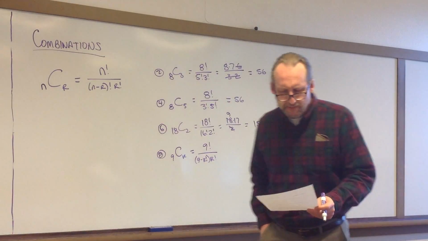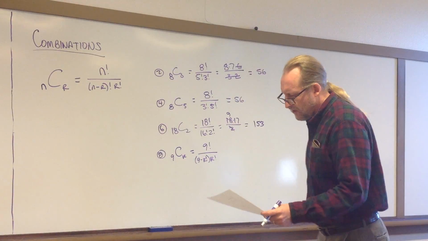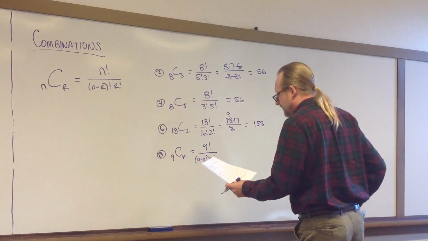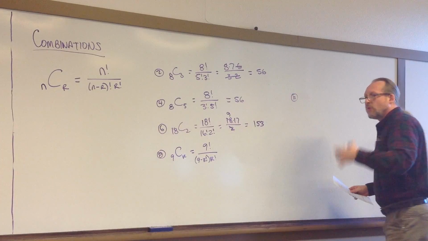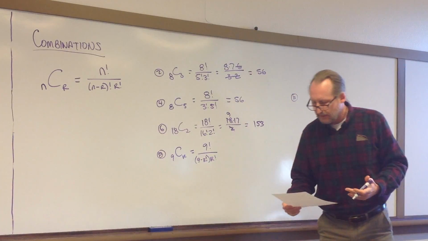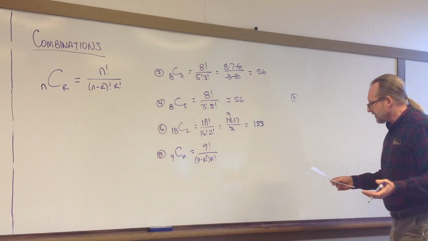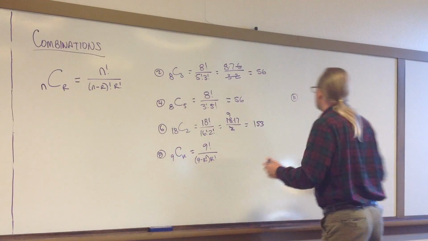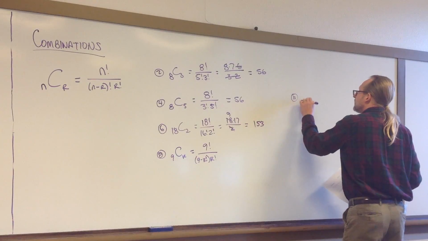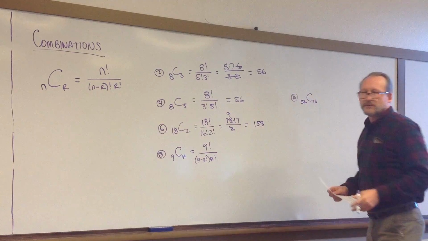Okay, problem 10, how many bridge hands of 13 cards are possible from a deck of 52 cards? Well, in this case, it doesn't matter what order you receive the cards in, so long as they are the same 13 cards, and so this would be a combination for sure. And it would be 52C13.